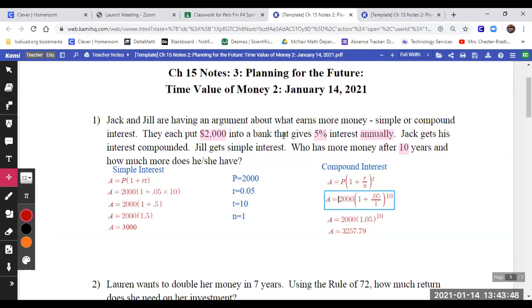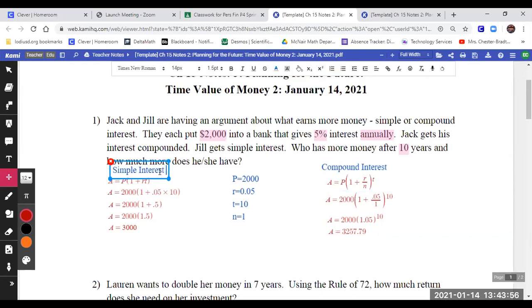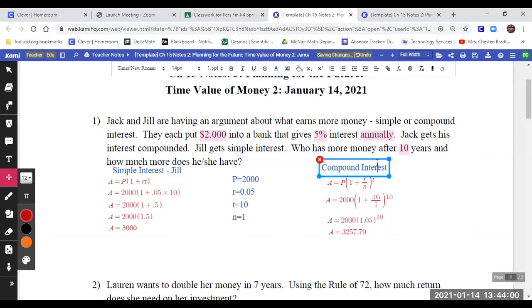It says that Jack got compounded interest and Jill got simple interest. So simple interest is Jill, compound interest is Jack. That's what the story tells me. Who got more money after 10 years?